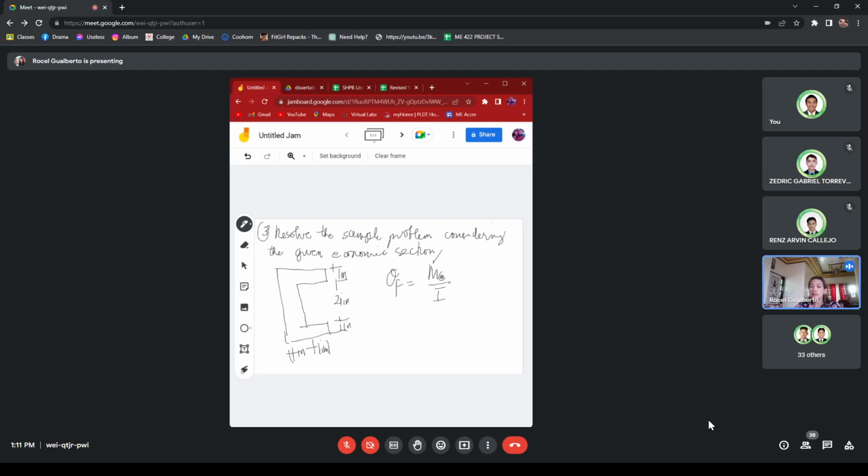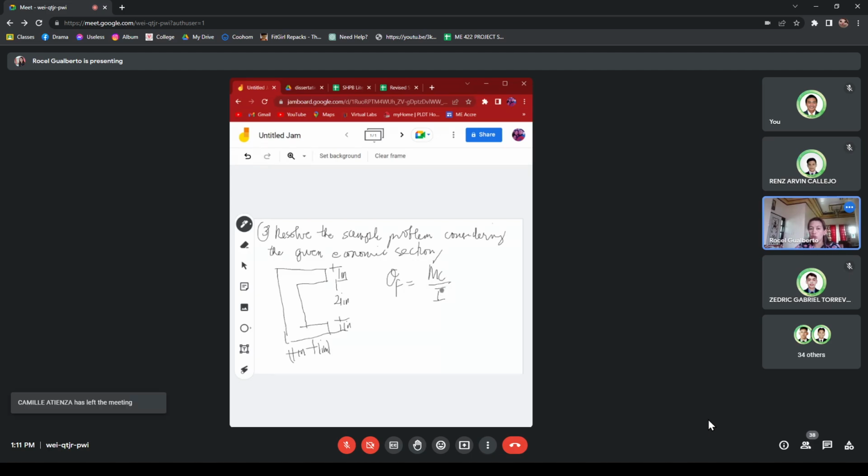So it is simply C at saka I po yung babaguhin natin. We find the value of these two and then substitute it here to find your flexural stress. And then afterwards, again, you look for the factor of safety, katulad nung ginawa natin sa 2, based on the ultimate and the yield strength.